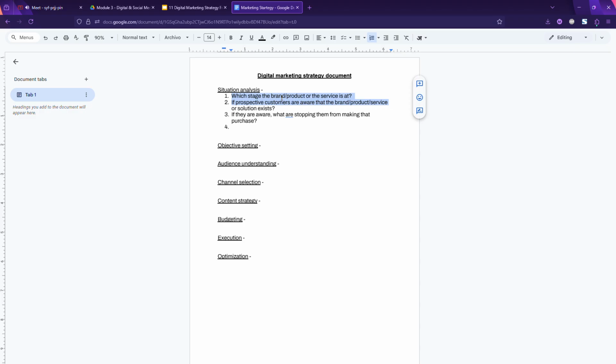But more or less this is how it will start, like which stage the brand is at. If prospective customers know that there is a brand or a solution like that, so if they are aware, then why are they not going about it. The objective setting is the goal of the campaign.